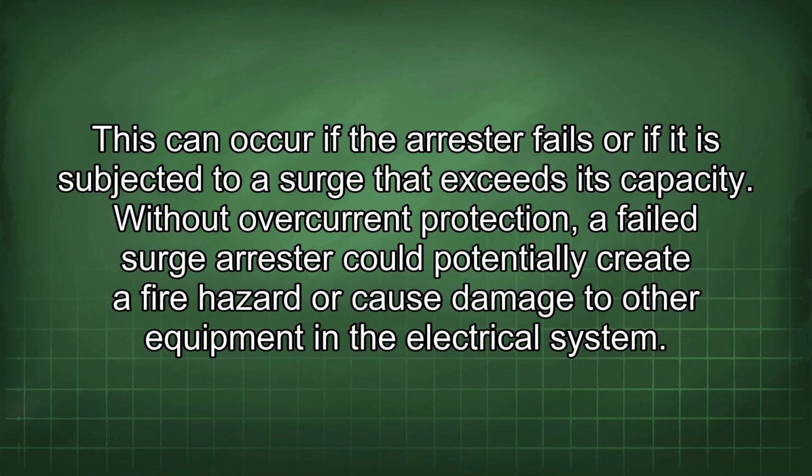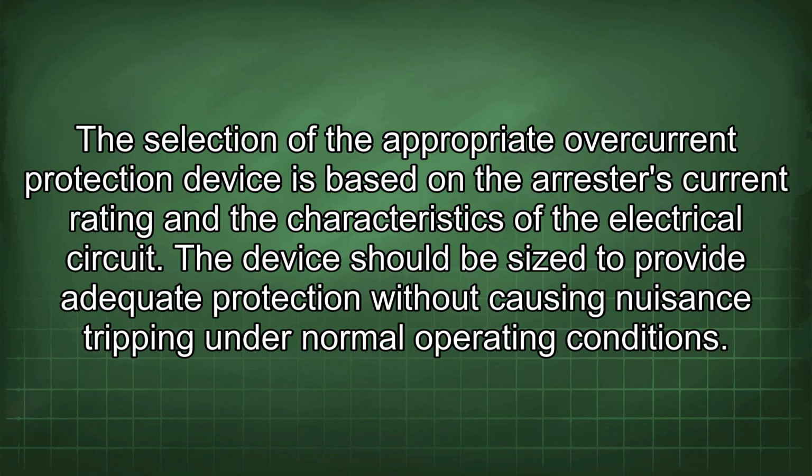Without overcurrent protection, a failed surge arrestor could potentially create a fire hazard or cause damage to other equipment in the electrical system. The selection of the appropriate overcurrent protection device is based on the arrestor's current rating and the characteristics of the electrical circuit. The device should be sized to provide adequate protection without causing nuisance tripping under normal operating conditions.